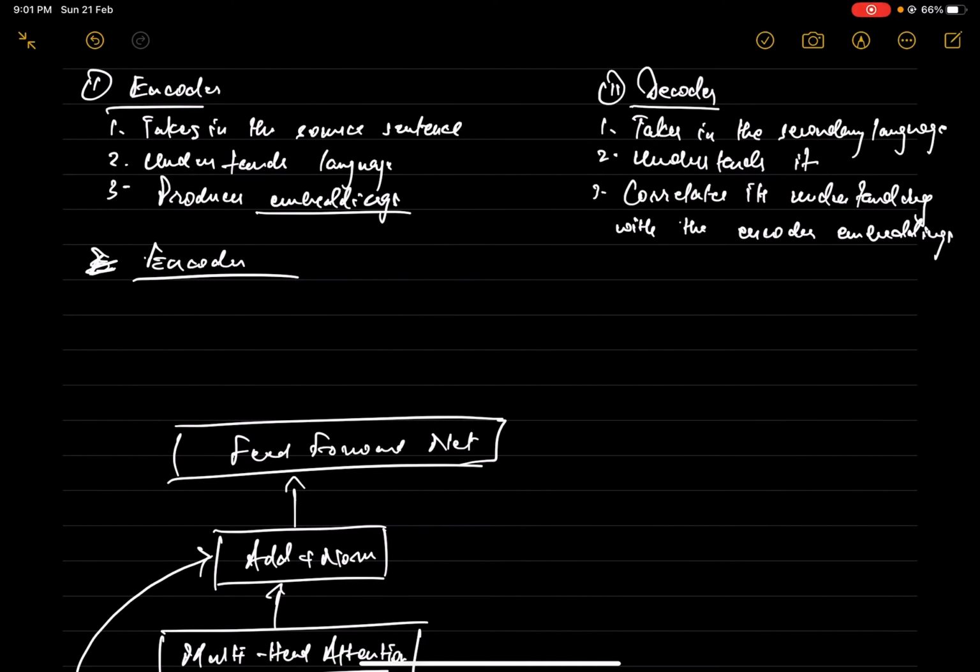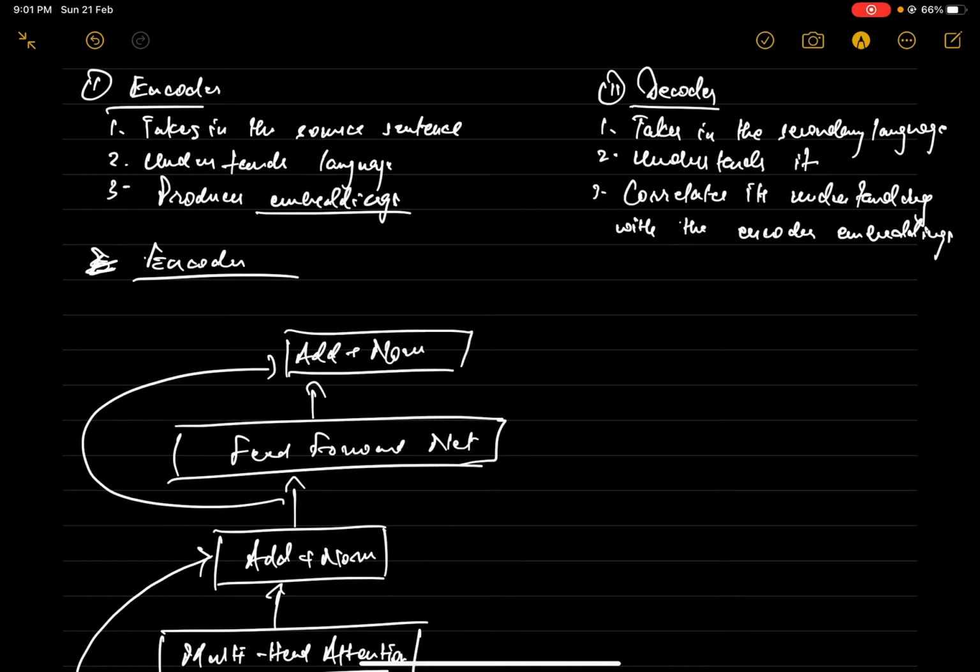That's it. Which is again followed by an add plus norm layer with a residual connection, and this produces the output embedding.